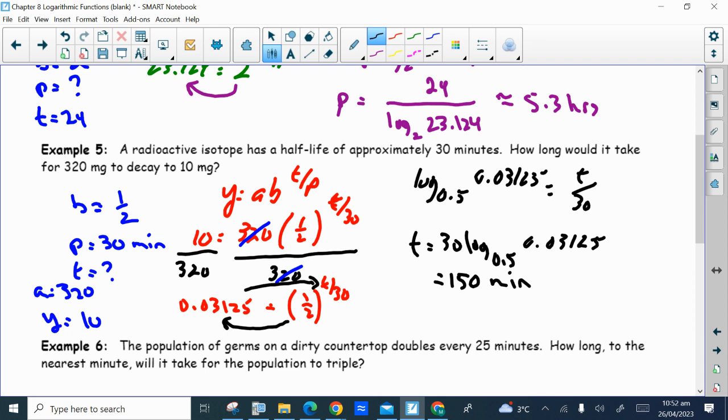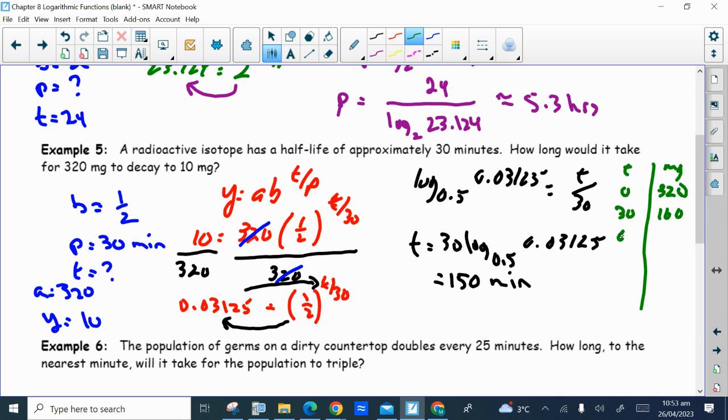So if we go t for our time and mg for the number of milligrams left. At time 0, we have 320 milligrams. After 30 minutes, the 320 will be cut in half to 160.